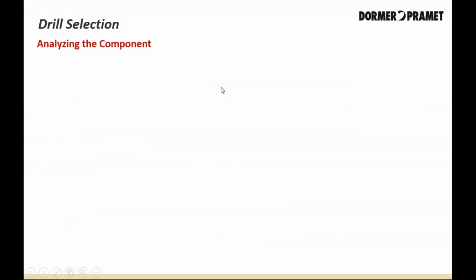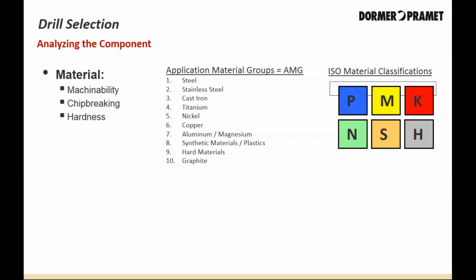The first part of the process is to analyze the component or workpiece. This includes a good understanding of what you're working with and what requirements you need to achieve in order to produce a good hole. First, you look at the various aspects of the material you are drilling. We classify materials in 2 different ways. AMG, which is application material groups, mostly used for our round tool selection, or ISO material classifications, currently used mostly for our indexable tool selection.